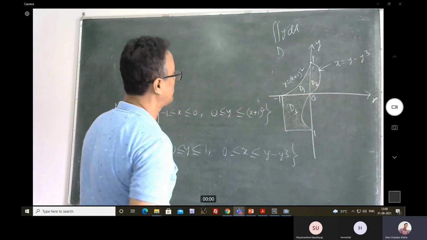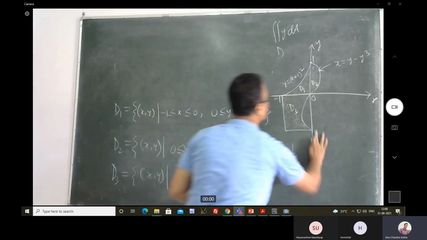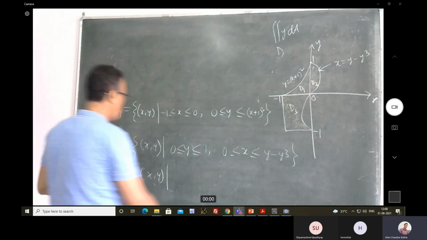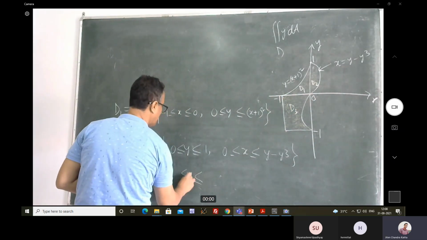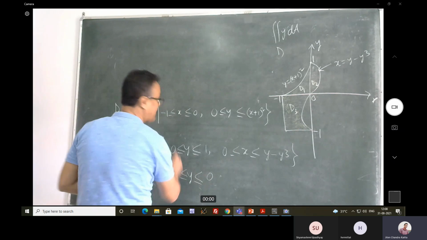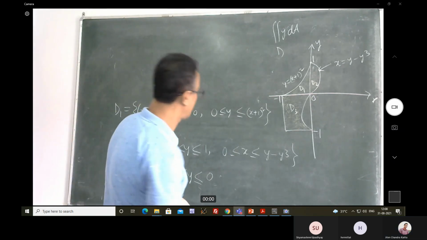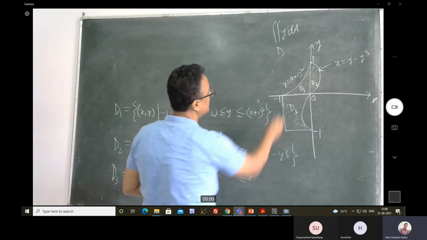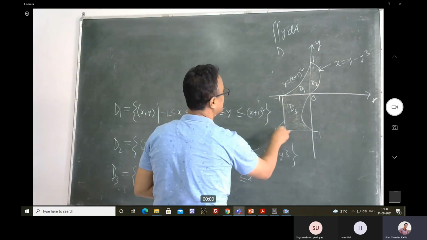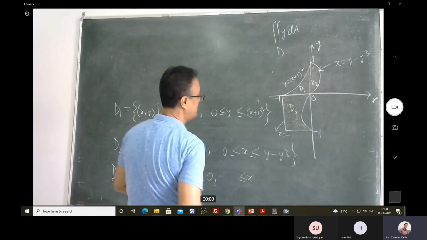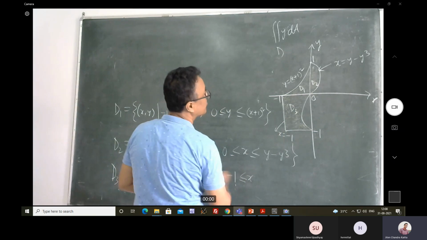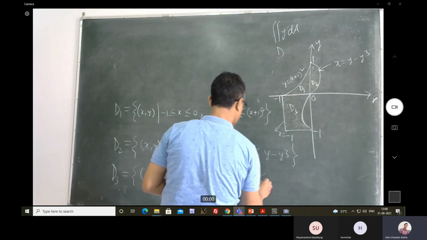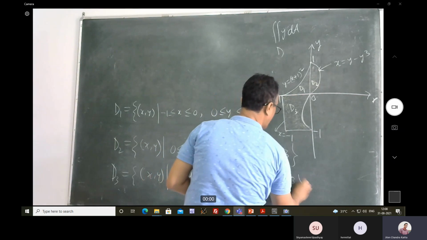Okay, and here y again lies between -1 and 0, right? And x lies between, this line is x equal to -1, isn't it? x lies between -1 and obviously this curve is y cube.